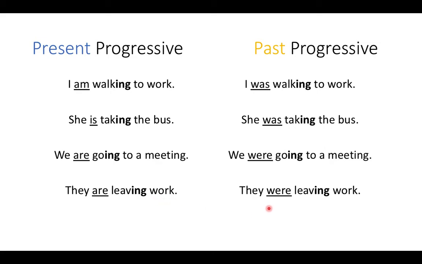Past, they were leaving work. So these are the two different kinds of verb tenses when we talk about progressive, or sometimes it's called continuous, right? So present means it's happening right now in the moment. Past is before right now, before what's happening right now.